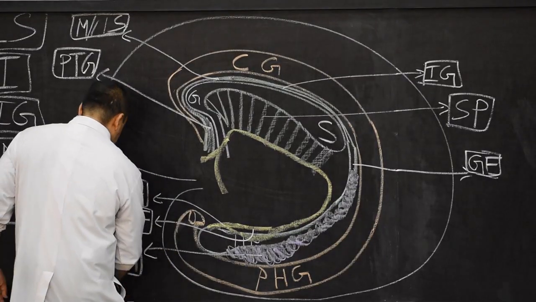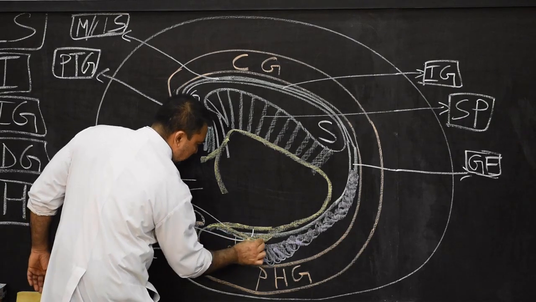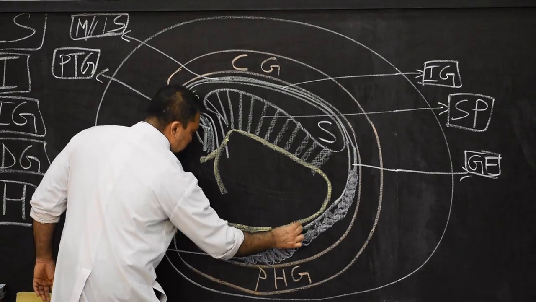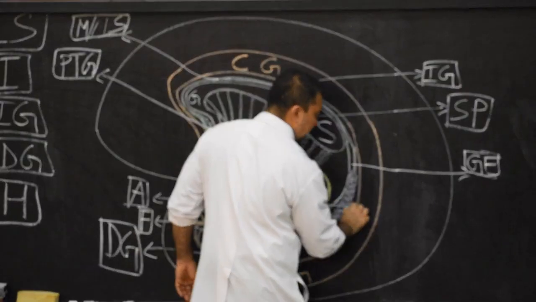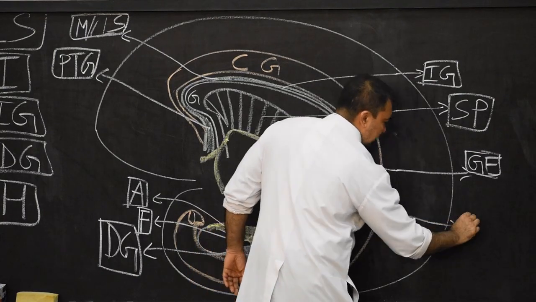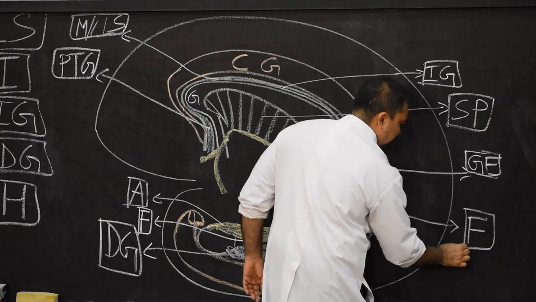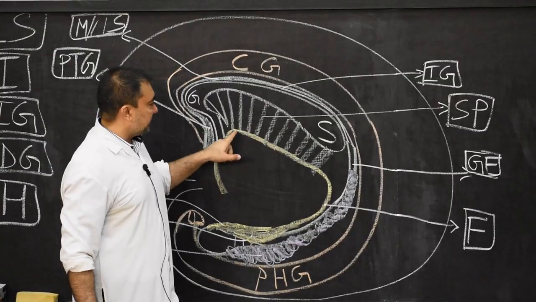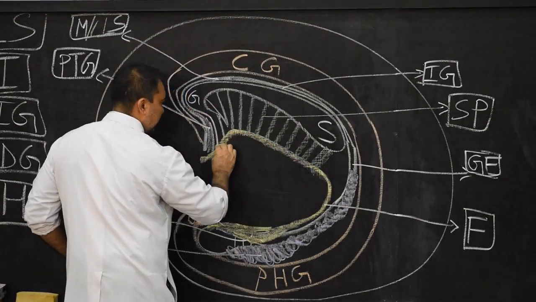Similarly, here I will thicken it and show that it is just passing over the dentate gyrus, fimbria, and then posteriorly this will be the posterior columns of fornix. So simply fornices, and here this will be the body of the fornix, which will be present just below septum pellucidum. So this is the body of the fornix.